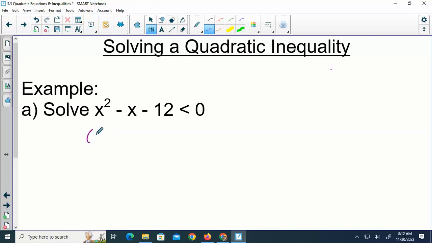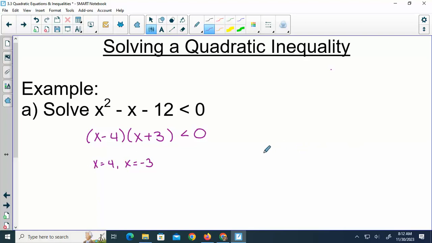What's that factor into? x minus 4 and x plus 3. Okay. So then, if we're looking for where it equals 0, that would be when x is 4 and x is -3, right?